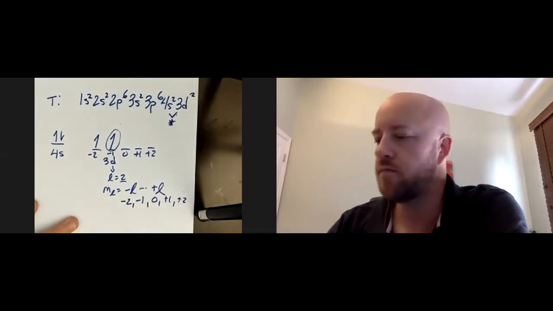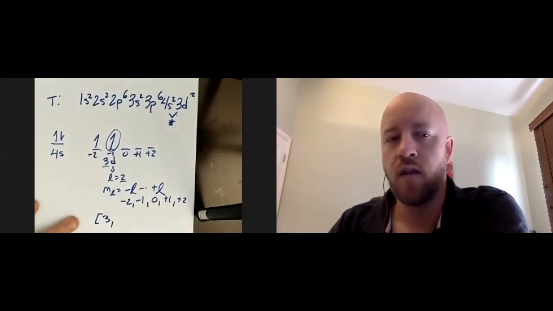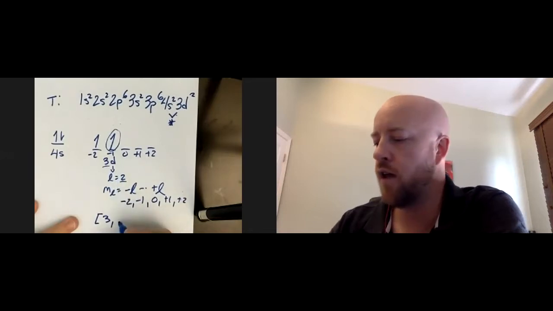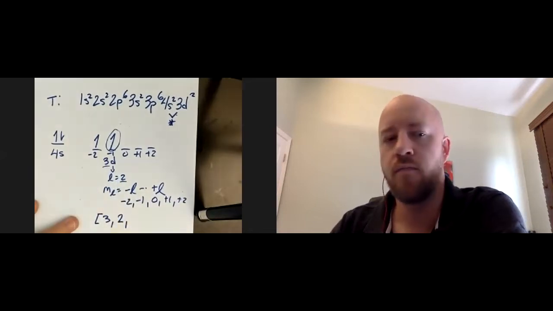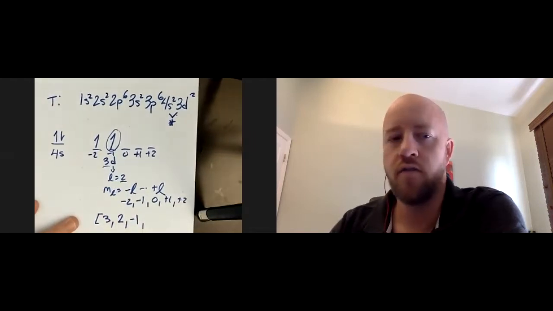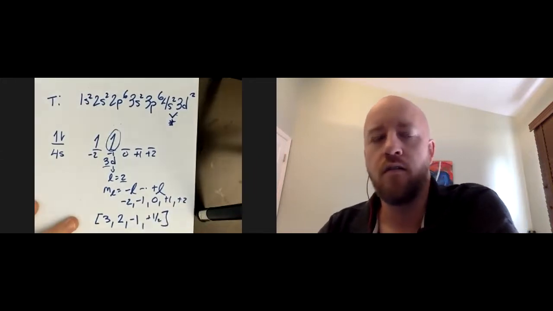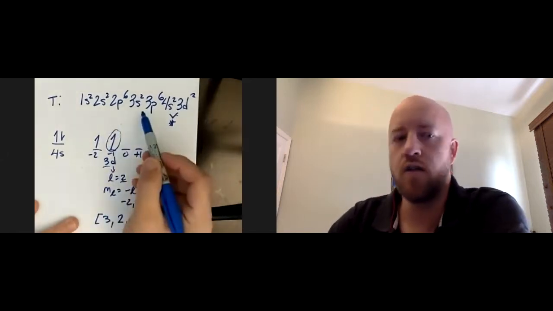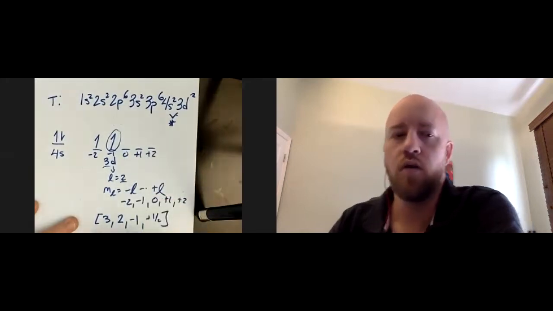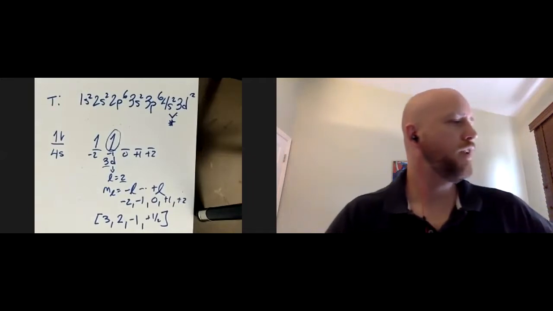So this is in the 3rd energy level. It is in the d orbital, which has an L value of 2. It's located in the negative 1 shelf, and it is a positive 1/2 electron. So this would be the electron configuration, the energy diagram, and the quantum numbers for titanium.